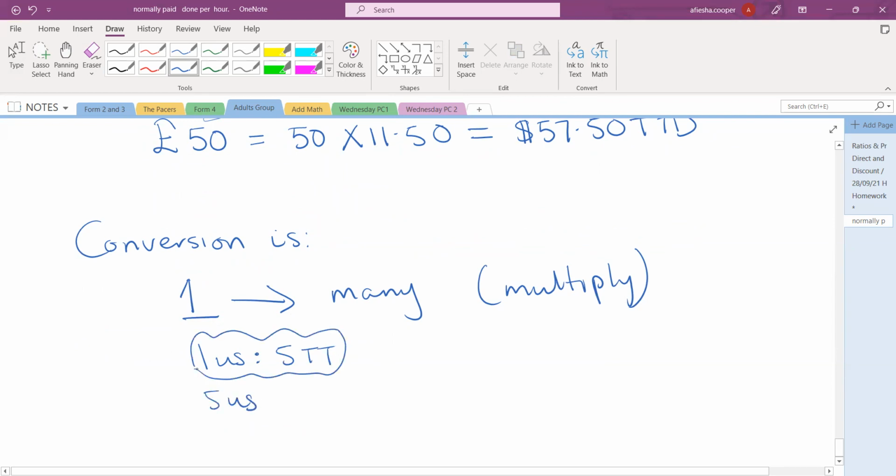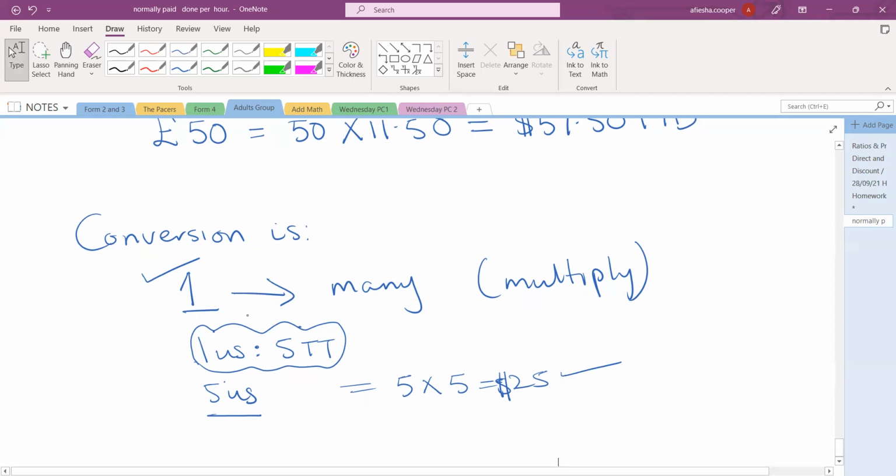My conversion is 1 to many, right? 1 US to many. So I know I have to multiply. Because 1 US is 5 TT, 5 US will obviously be 5 by 5. So I have to multiply when it's 1 to many.